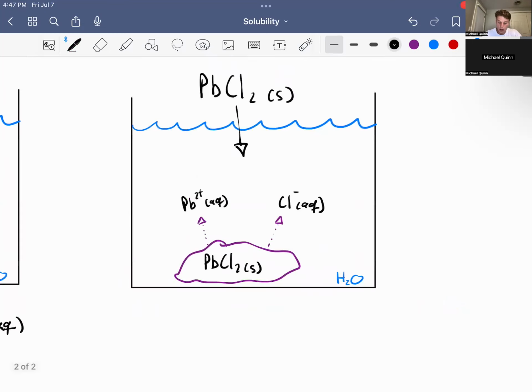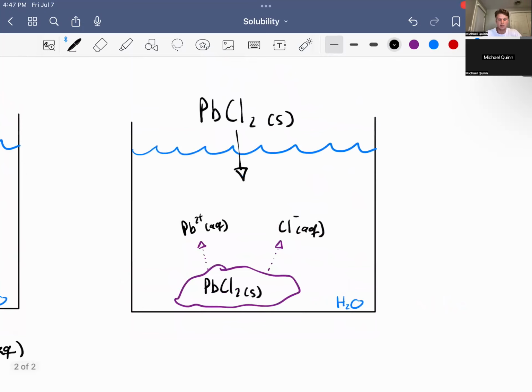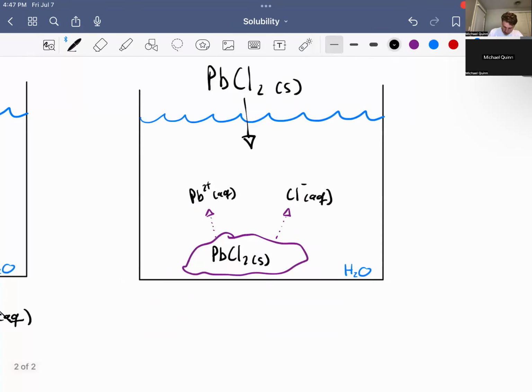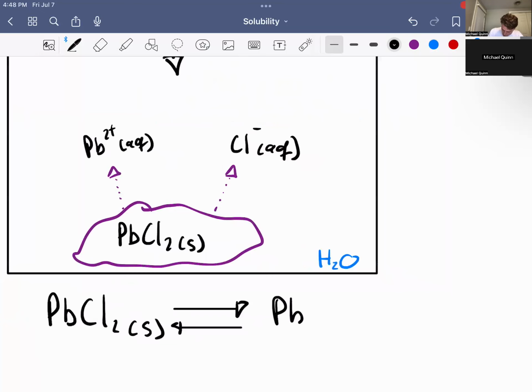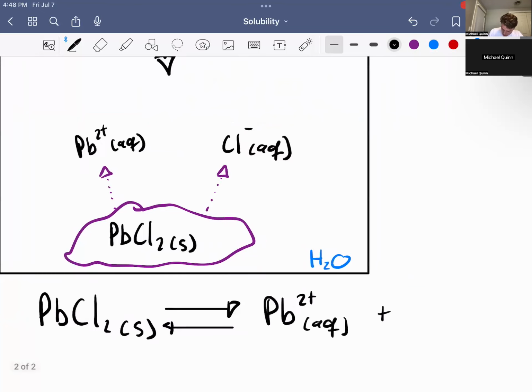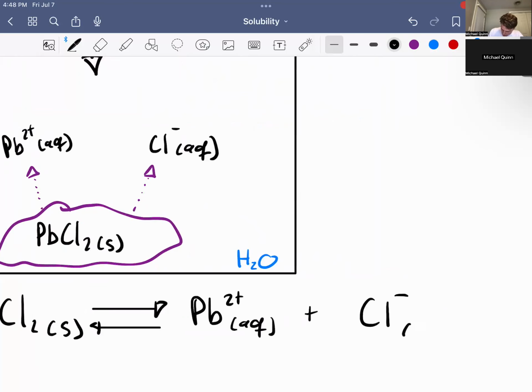So what we can do is write an equilibrium expression for this reaction because this is an insoluble or only slightly soluble species. So what we can do is write PbCl2 solid is in equilibrium with Pb2 plus aqueous plus Cl minus aqueous.